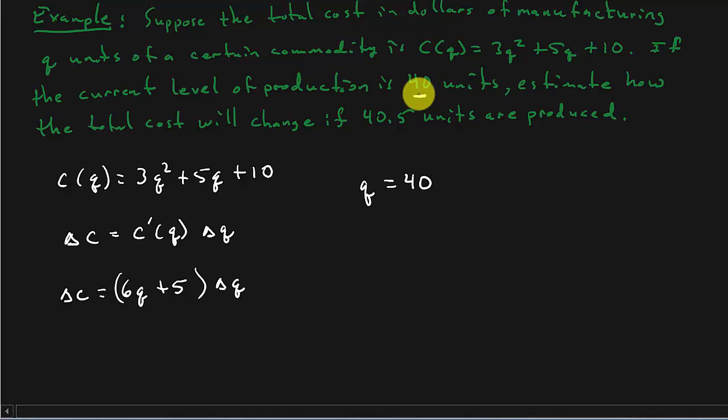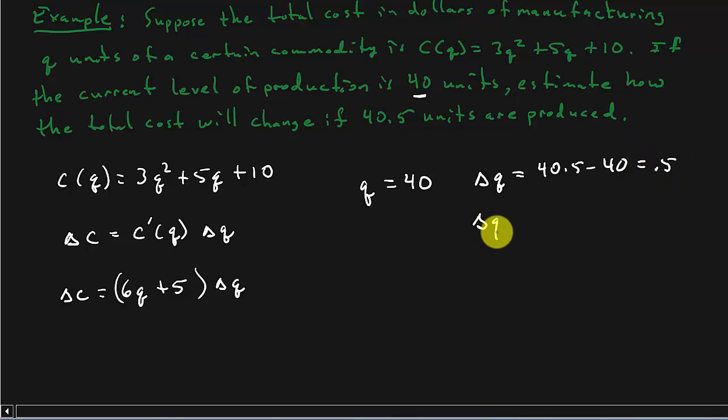So remember, when we went from 8 to 9, what did we evaluate at? 8. Here, Q was 40. Now, what is the change? The delta Q is 40.5 minus 40, which is 0.5. That's the increment we're going up, half a unit.